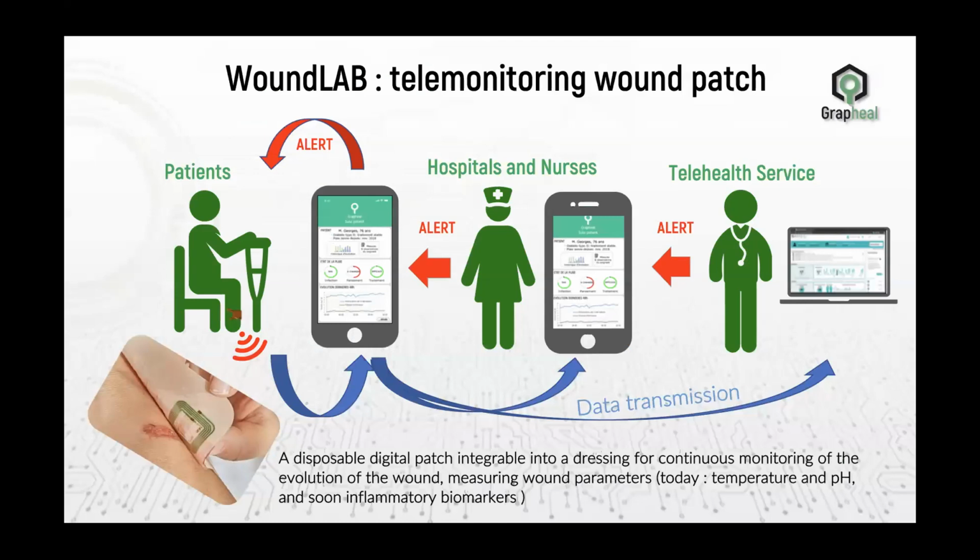So in the case of WoundLab, you have this system that will be monitored and configurable by the nurse. The nurse will have some data she can send back to the data transmission system, some telehealth system, that given the signal, we can give back an alert in case of infection, such as a large and rapid change of pH and temperatures. And that is important because without opening the bandage, you can monitor directly the wound evolutions.